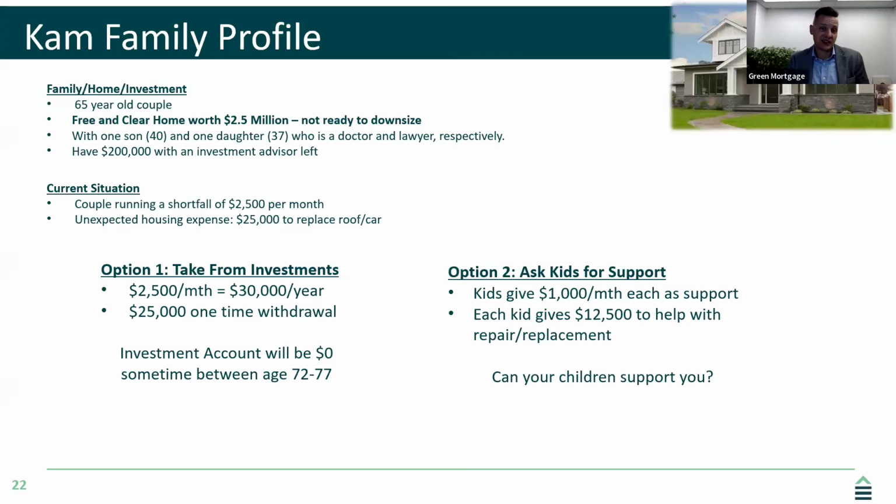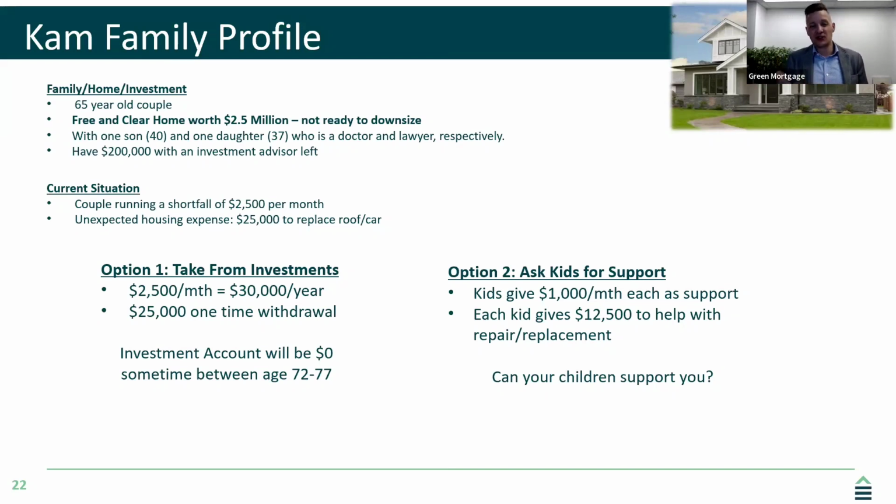Option two was to ask the kids to give them $1,000 a month as support. And then each kid is giving them $12,500 to help with the repairs and the replacement. And the question was, can your children support you? It's an interesting observation here because they've chosen an example where the son and daughter are doctors and lawyers. So I think with option two, the kids actually can support you.